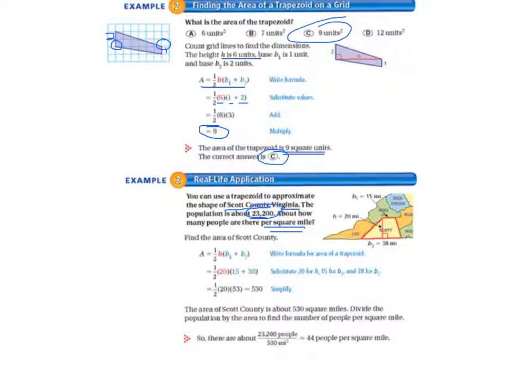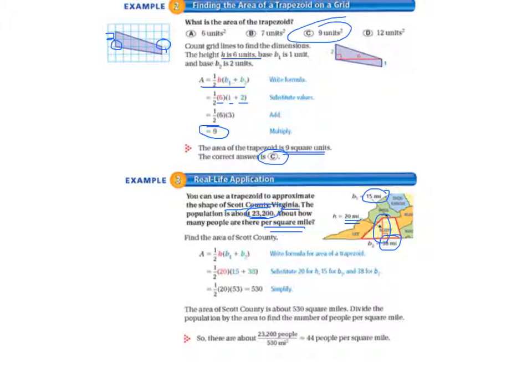So we write the formula for the area of a trapezoid, and we substitute 20 for h because that's what it tells us the height is, 20 miles on our map. And base 1 is at the top, that's 15 miles. And base 2 is at the bottom, that's 38 miles.